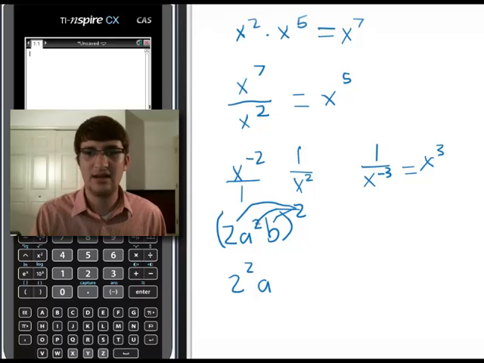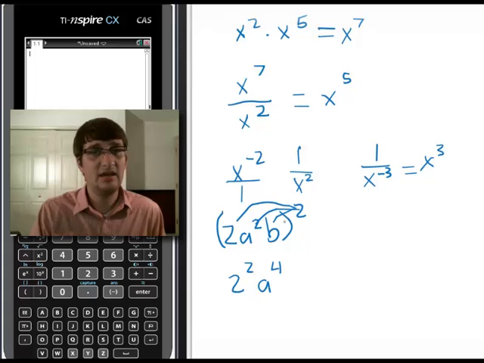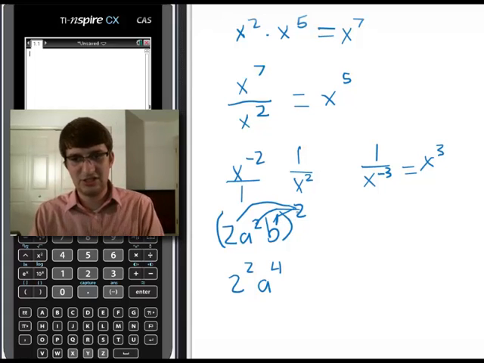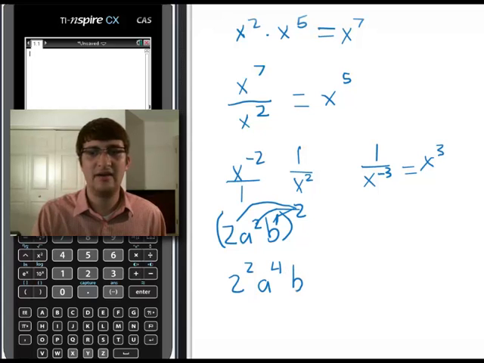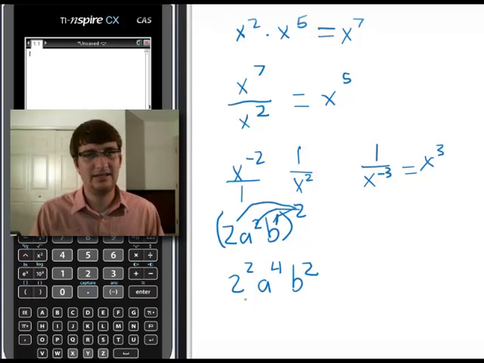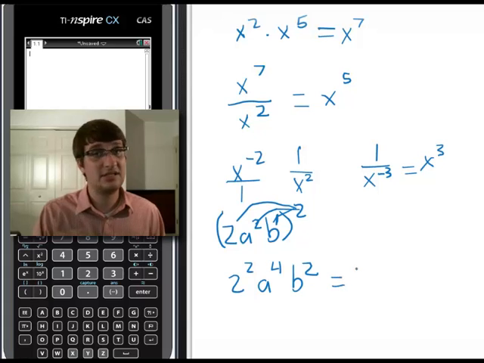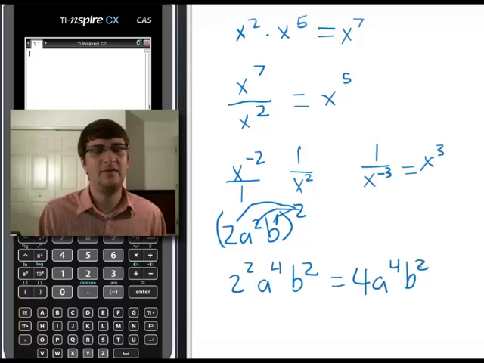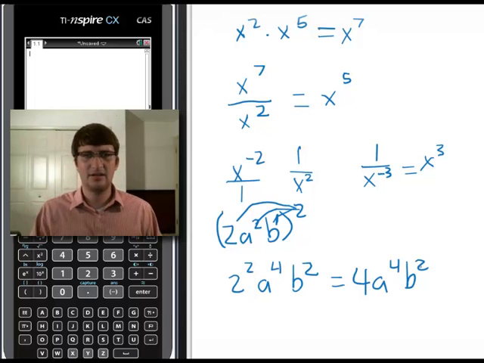So 2 times 2 will give me a to the 4th, and then for b, if there's nothing there, you just have a 1 up there. You'll multiply the 2 times the 1 to figure out that we have just a 2 there, okay? To finish this up, 2 squared is just equal to 4. We've got a to the 4th, we've got b squared, okay? If you have any questions about that, call me on over. I can clarify that a little bit, all right?